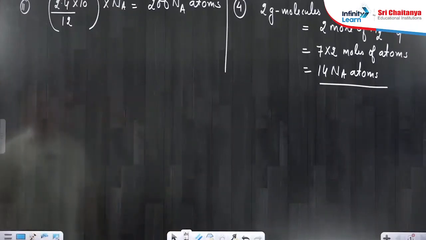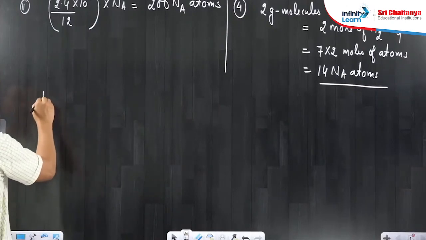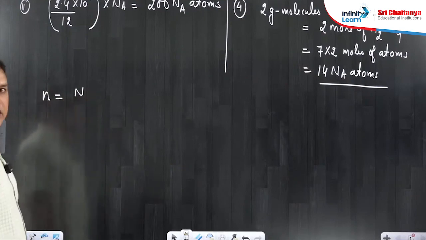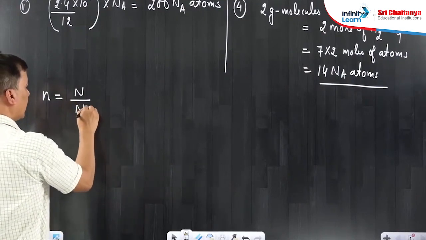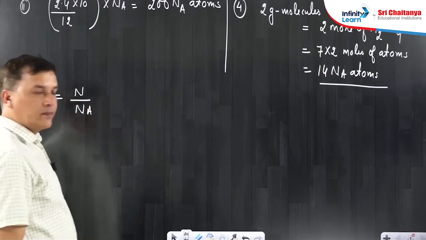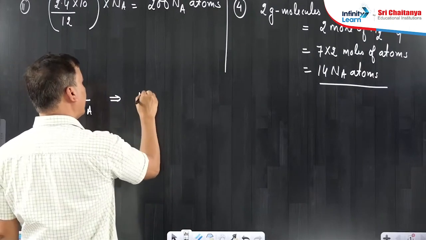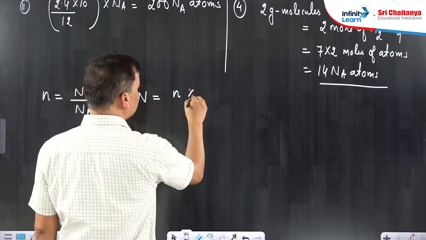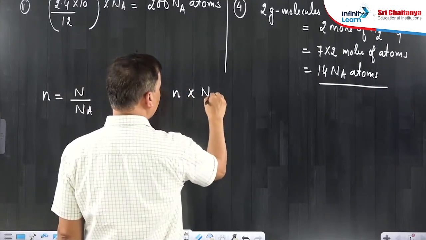Look here. The second formula of the number of moles is number of moles equal to given particles upon Avogadro's number. So from here, particles is equal to number of moles into Avogadro's number.